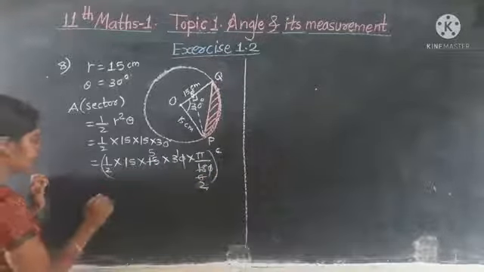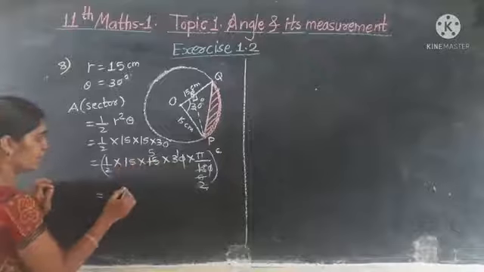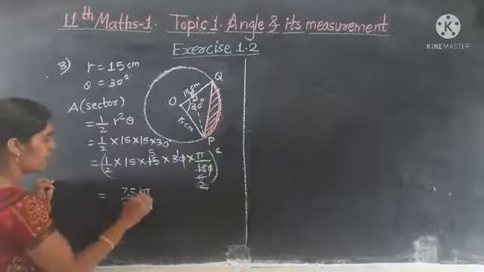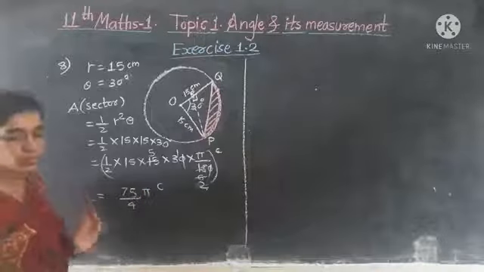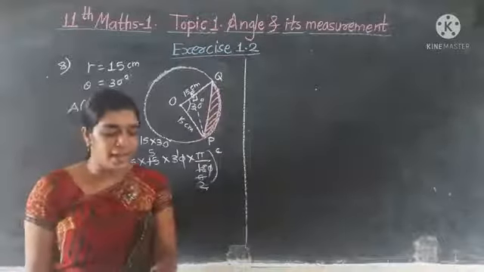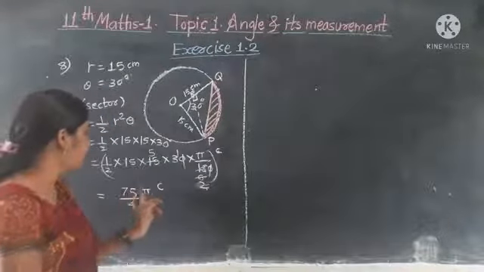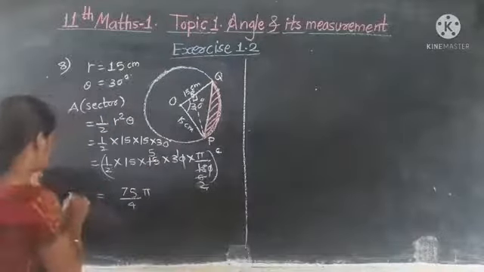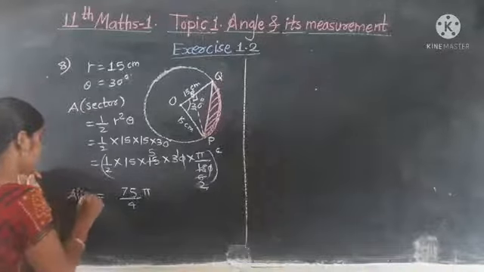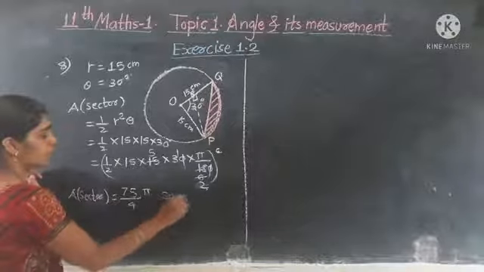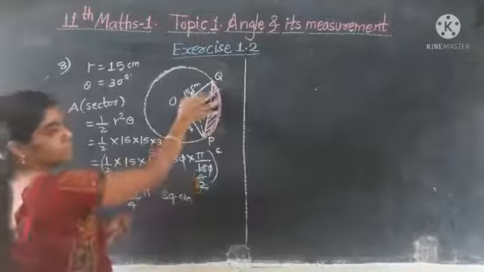So what remains? 15 5s are 75 upon 2 2s are 4 pi radian. So we get here area as 75 pi upon 4 square centimeter. We find area of sector.